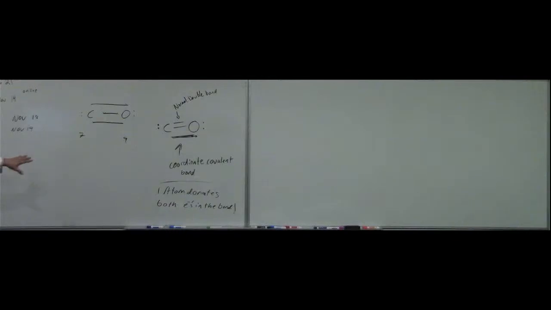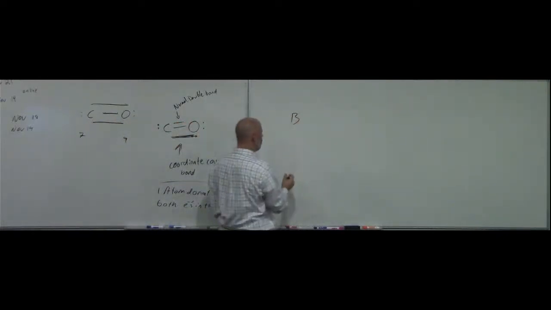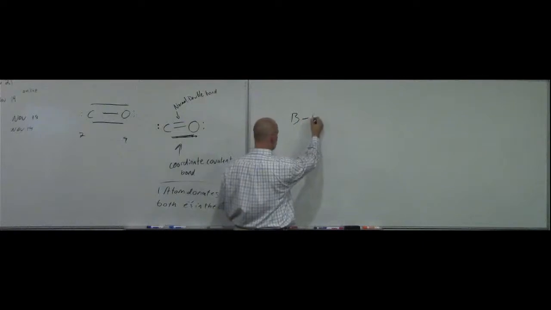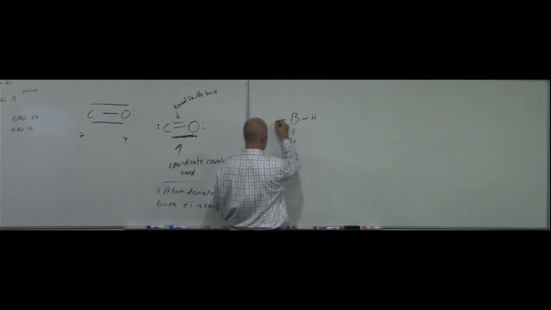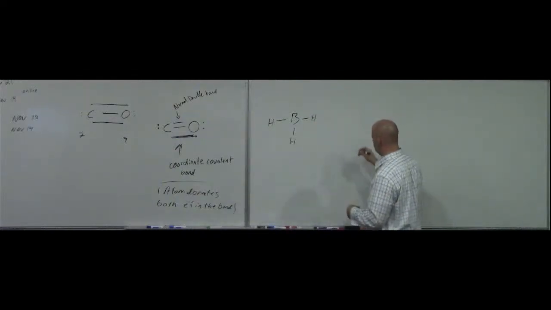This is not the only coordinate covalent bond that we will encounter. This happens not all the time, but it happens often enough. We had the case earlier of drawing boron. Boron has 3 valence electrons. And then we drew ammonia.